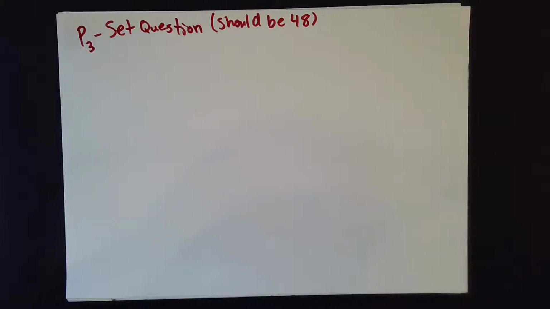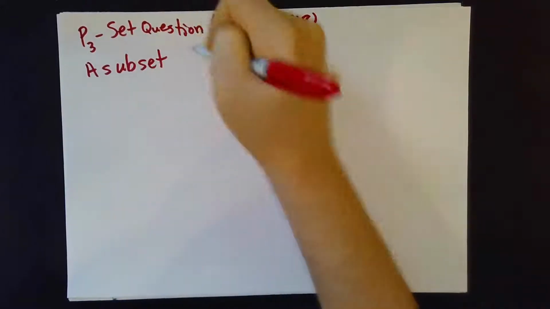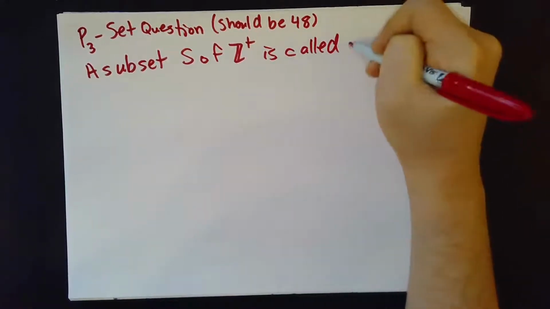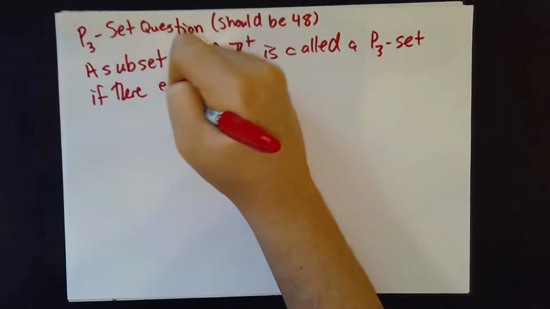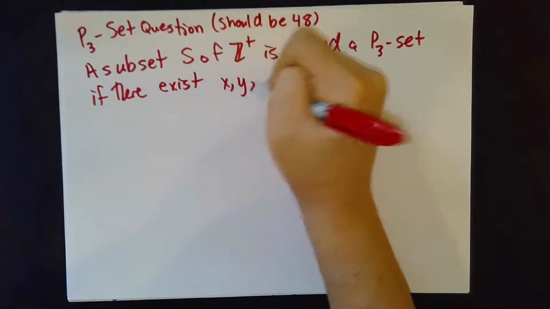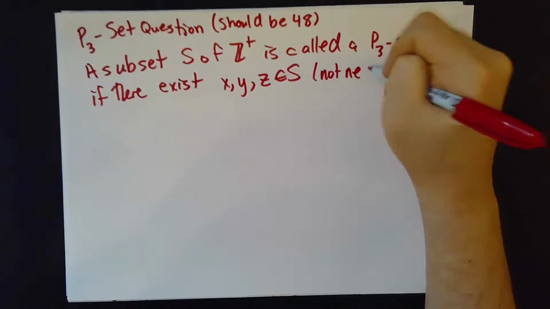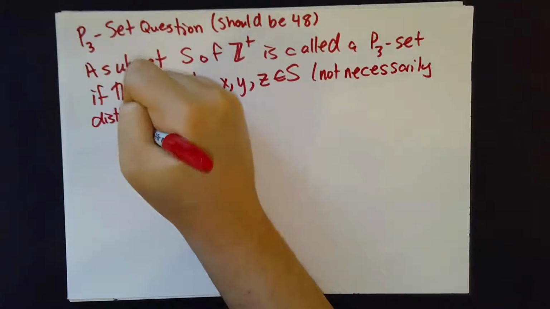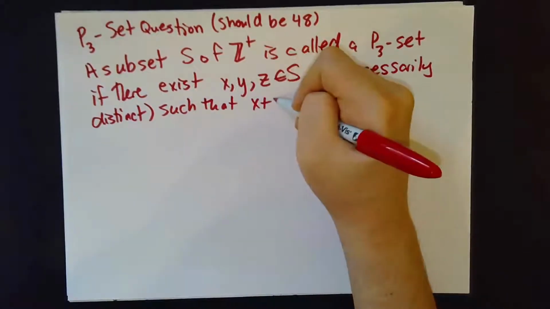So, namely, the definition of a P3 set is a subset S of Z plus is called a P3 set if there exist X, Y, Z in S, not necessarily distinct, such that X plus Y plus Z is prime.